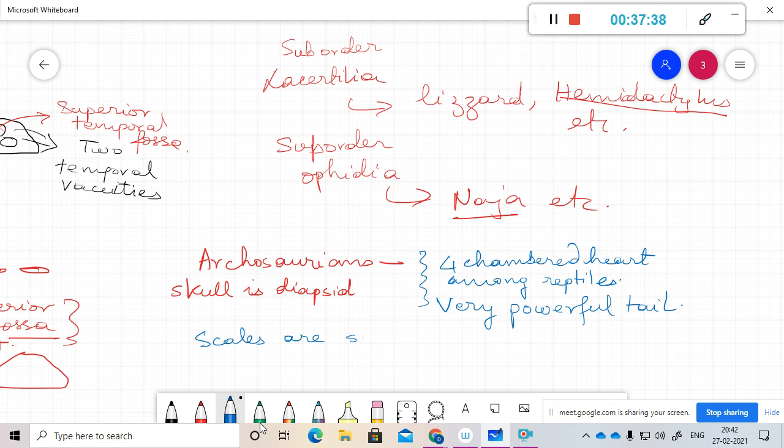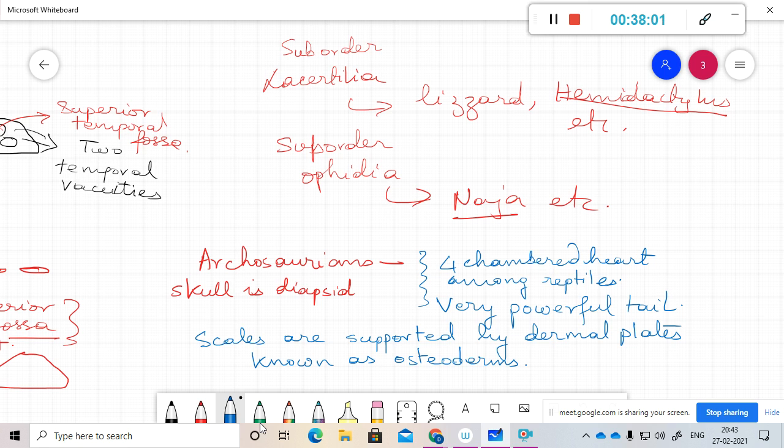Scales are bony, supported by dermal plates known as osteoderms. Let me tell you the name of the hole which connects. Say this is the ventricle and these are the auricles of the heart.